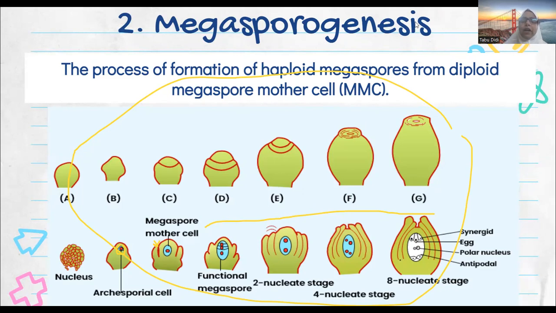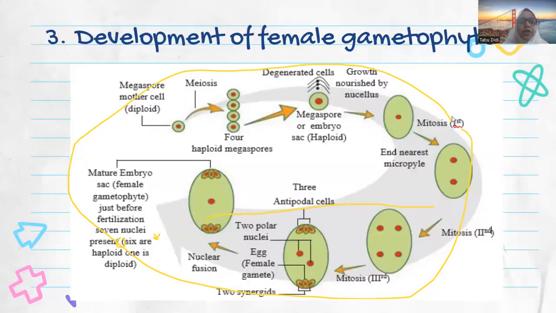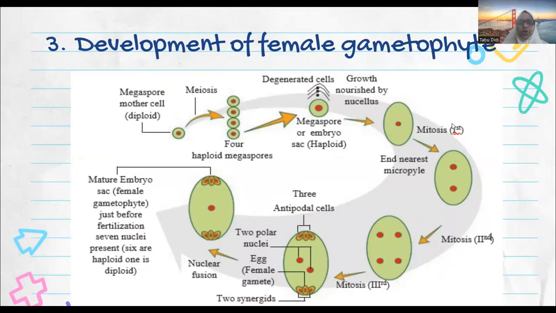Making sense? Because now sexual reproduction will happen, so the gametes have to be formed, just like we saw the formation of the male gamete. In a similar manner, here we are discussing the development of the female gamete. So let's begin our discussion regarding how this development will take place. Let's begin with diagram step 1.